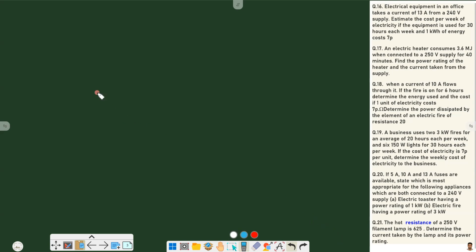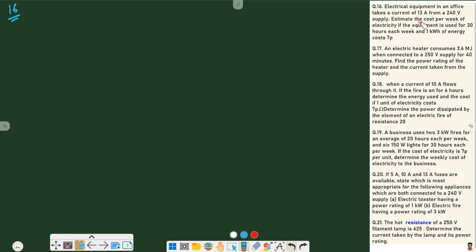So question number 16 is visible on your screen. In the 16th question, it is mentioned there is an equipment which takes 13 ampere as a current and 240 volts for potential.